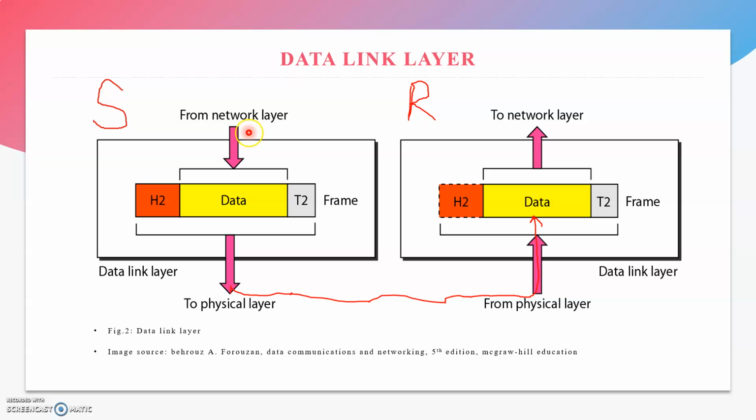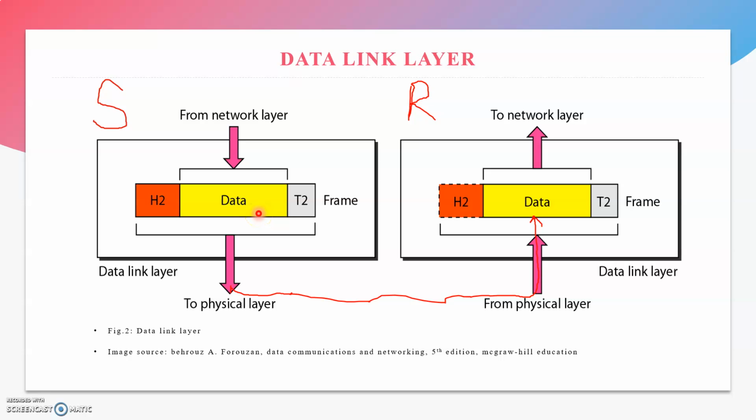From the network layer, it receives only data. There is no header or trailer. But at the data link layer, a header and trailer are added to this data, and that makes a complete frame. So what is this frame?